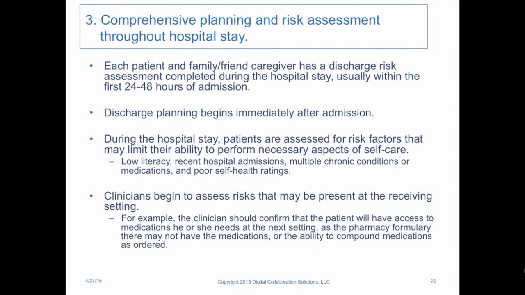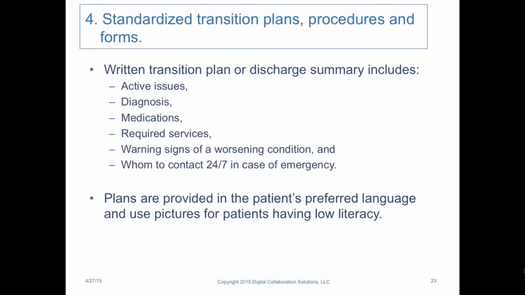Standardized transition plans, procedures, and forms, especially in a teaching hospital. If you're changing floors every 6 weeks and they do something different for discharge and transition to care on every floor based on services, then that's not good. So especially larger organizations, are you doing it the same way every time, every place? Are you reducing variability in the transition to care process? Are you really doing a good job at writing down your active issues, your diagnosis, your discharge plans?